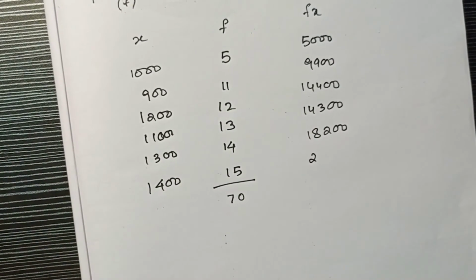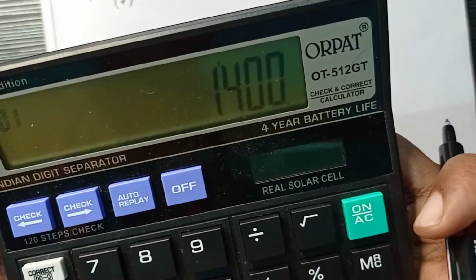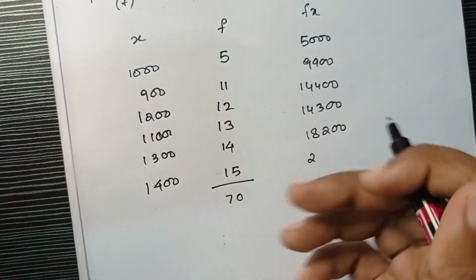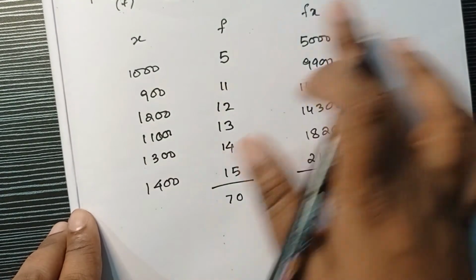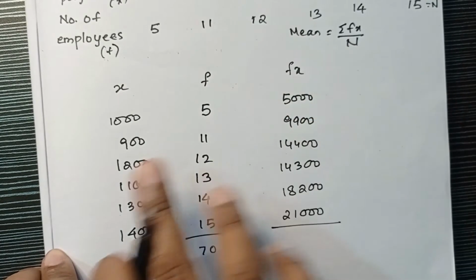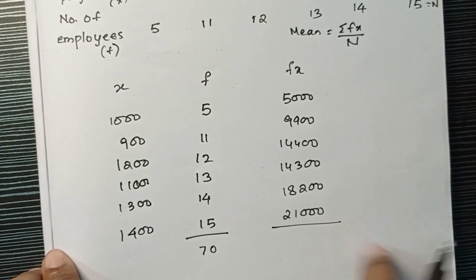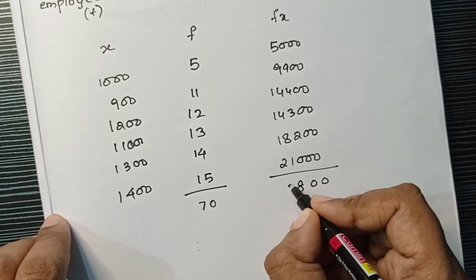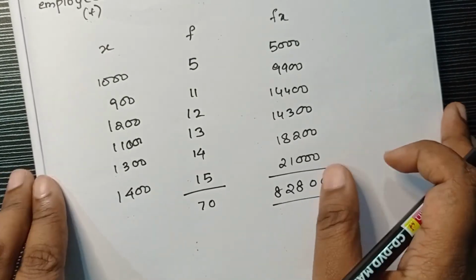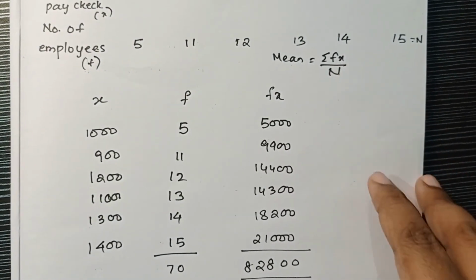One second, I'll just calculate this value. 1400 into 15 equals 21,000. Now, using this formula we have calculated fx. We have to find the summation, which means the total of these values. If we add together, it will be 82,800.